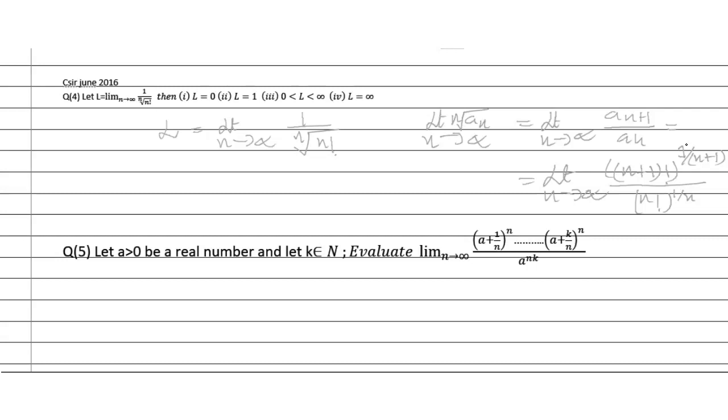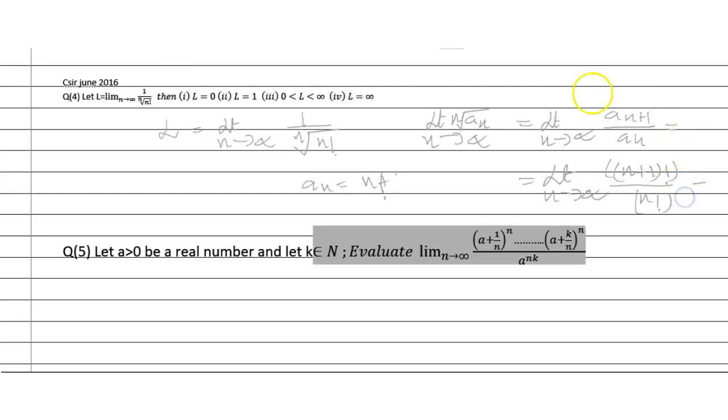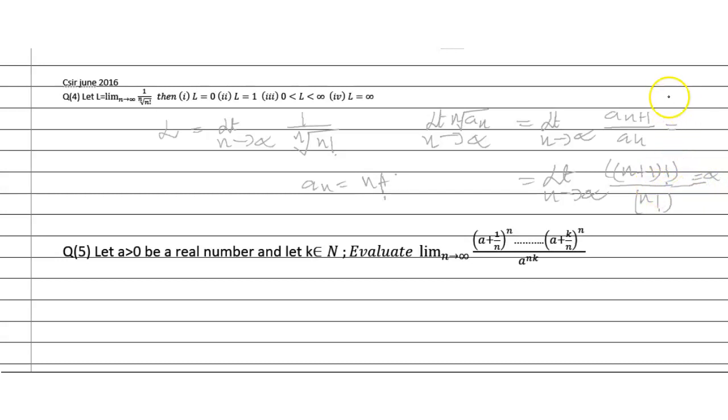So friends, here you will see that a_n is equal to n factorial. So this value is equal to infinity, because n factorial divided by (n+1) factorial gives 1 by n+1.